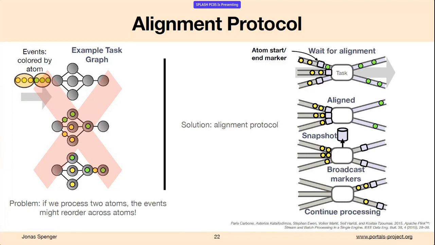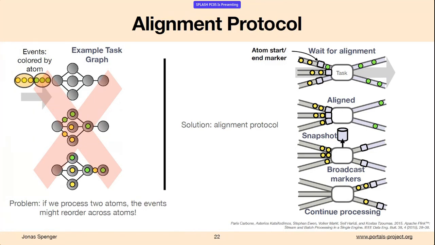So instead, you can use an alignment protocol. It's in essence very similar to what is used by Apache Flink and other systems, where you have broadcast markers, or what we call atom barrier markers. What you have to do is the task processes an incoming edge, that's what you see on the top right of this slide, until one of these markers comes in at the edge.